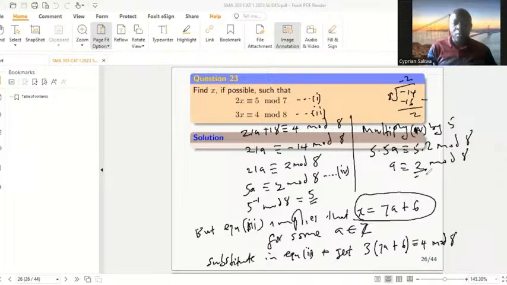So a is 2. Now using this, I want to call it double star.